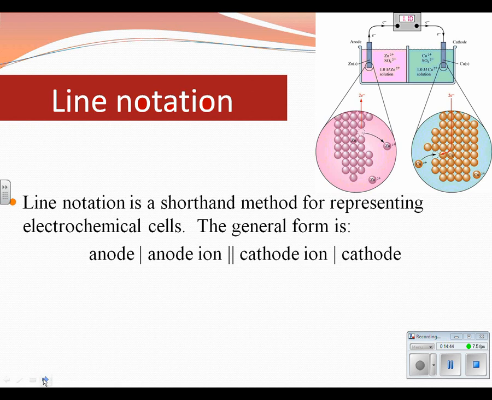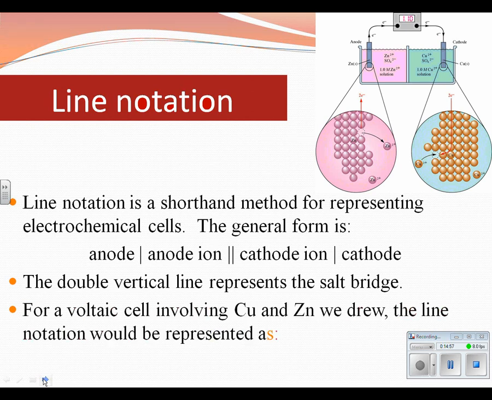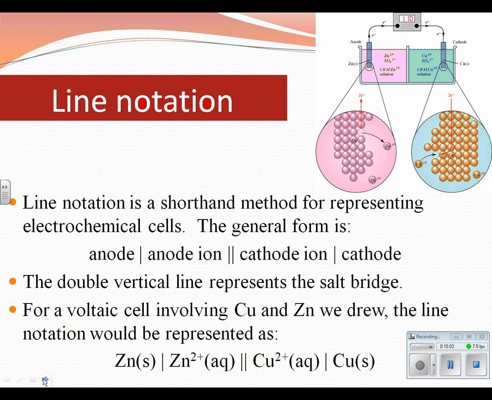If we were going to do that for the example I just showed, which was zinc, we would have zinc and the zinc positive ion. The double vertical line would represent the salt bridge. And then for a voltaic cell, we would draw it like this. Then we have the copper +2, and then the copper solid or metal.